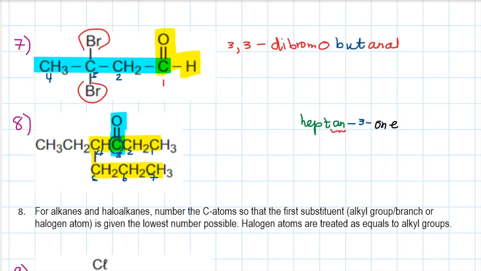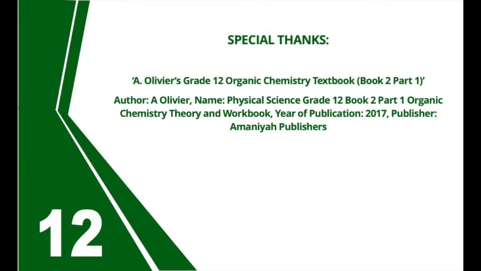Now we see that there is a substituent or alkyl group over here. This branch contains 2 carbon atoms and therefore is an ethyl group. It falls onto carbon number 4. We've numbered the chain so that the functional group gets the lowest number possible, and therefore the ethyl group falls onto carbon number 4. So this is called 4-ethylheptan-3-one.